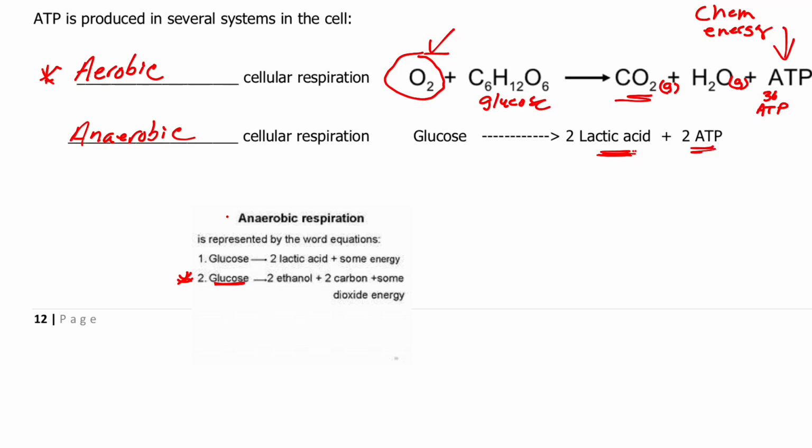They take the glucose and create 2 ethanol molecules instead of lactic acid, and carbon dioxide as well. 2 carbon dioxide are produced, and a little bit of energy. Thankfully, we don't produce ethanol every time we run or sprint or go into anaerobic respiration, because we would end up getting intoxicated. Instead, our cells make lactic acid.